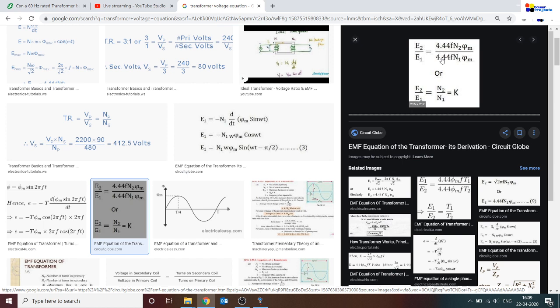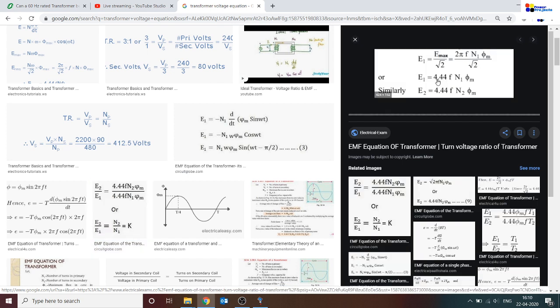You will get almost similar equations. E is 4.44 F N phi m, right? So the voltage can be written using this equation: E1 equal to 4.44, that is 4 into 1.1, where 1.1 is the form factor, F is the frequency, N1 is the number of turns, and phi is the flux. Now, the induced voltage is important.